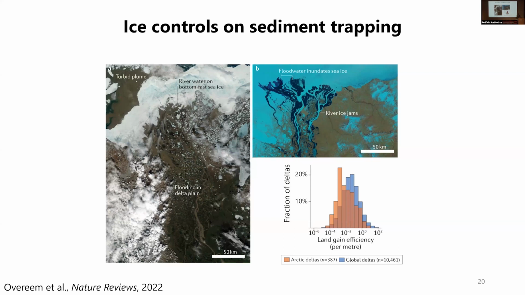Instead, what we find for Arctic deltas is that a lot of sediment is stored on land because of flooding, because of river ice, or sediment is being exported further out to sea because of this sea ice. So there's probably more sediment trapping in Arctic deltas.